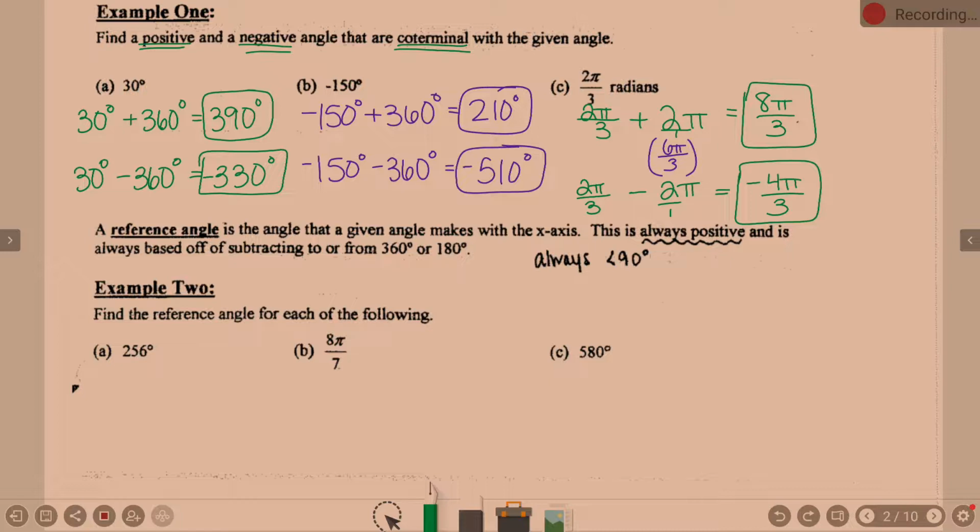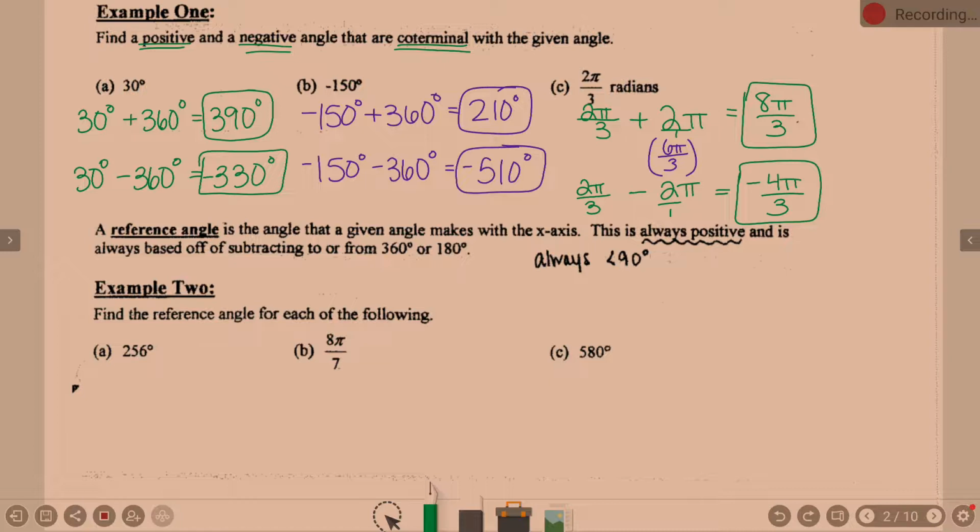Okay, the other thing we need to talk about today is a reference angle. Reference angles are very key in what we do in pre-calc and with this trig. You know that reference chart we set up that has the 30, 45, and 60 degree angles and all those sine, cosine, tangent? Those are reference angles. So all of your basic trig functions relate to those reference angles. So notice what it says here.